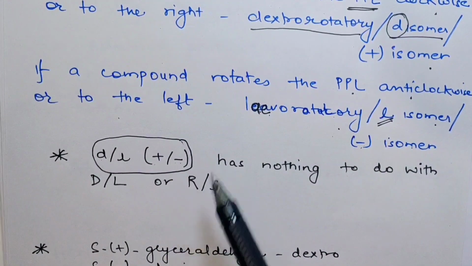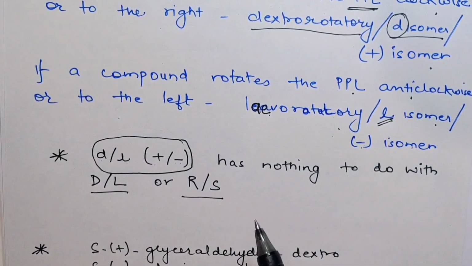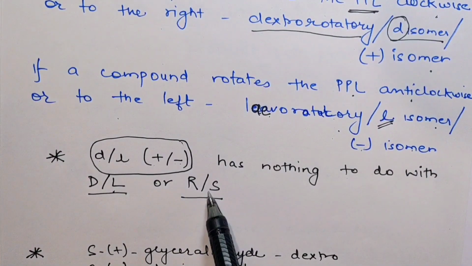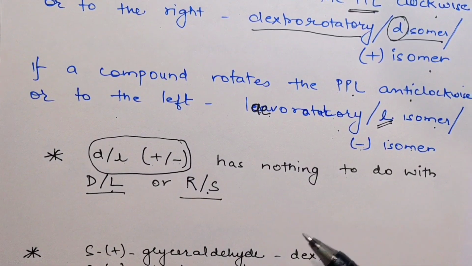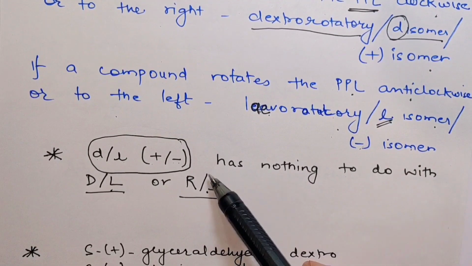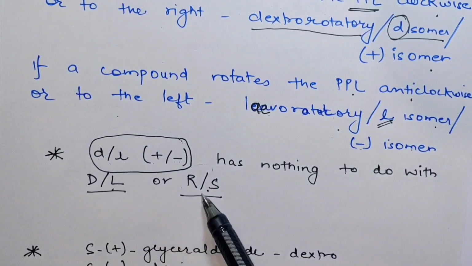It has nothing to do with capital D, capital L or capital R, capital S. Capital R and S tell you conformation. This is something else entirely. Here we rotate the molecule, give priorities, and then decide whether it's R or S. It's beyond your syllabus, but students generally get confused between RS and DL. They are not the same.